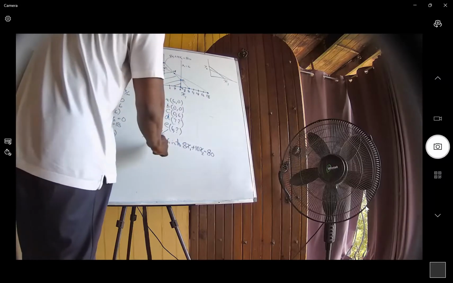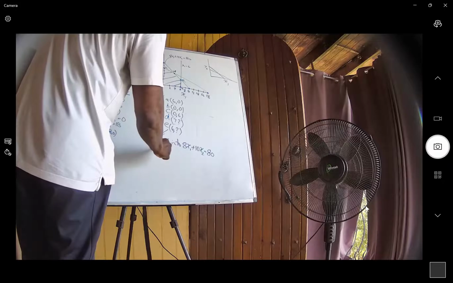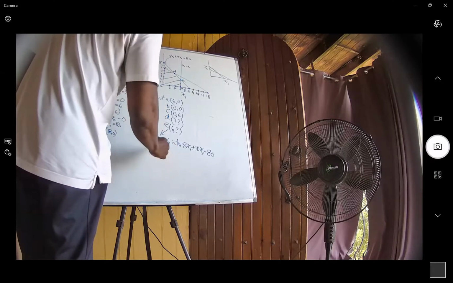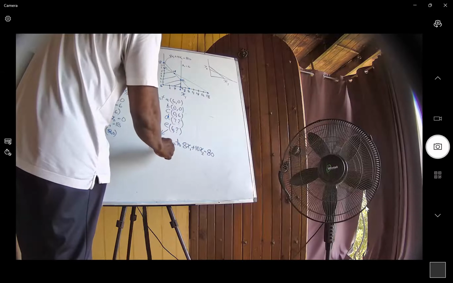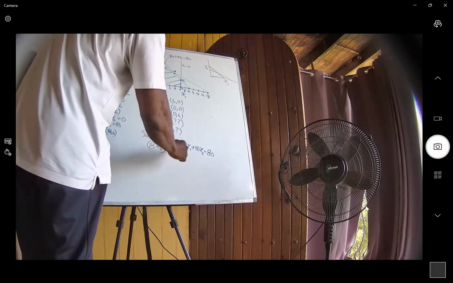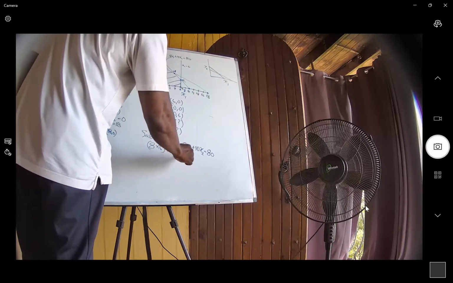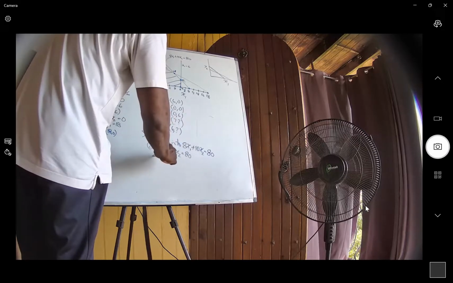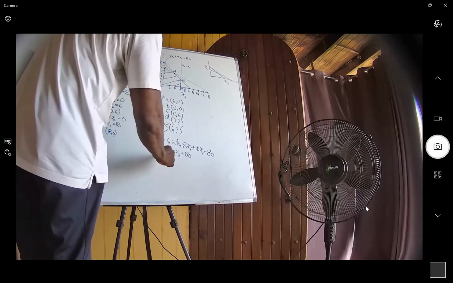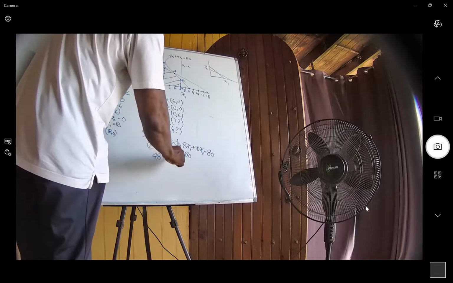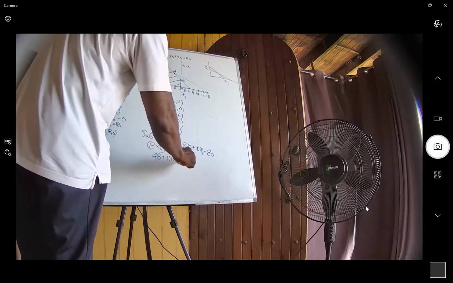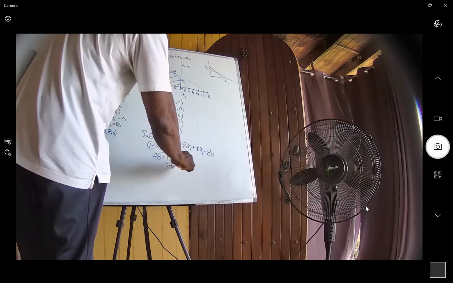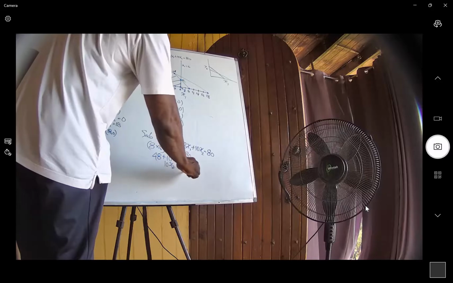So this will give you 8 times 6 plus 10x2 equals 80. 6 times 8 is what? 48 plus 10x2 equals 80.